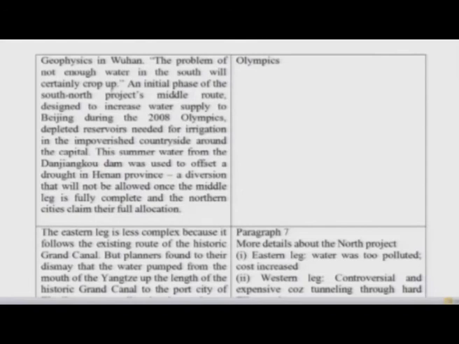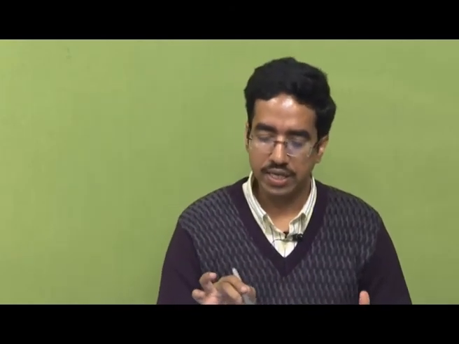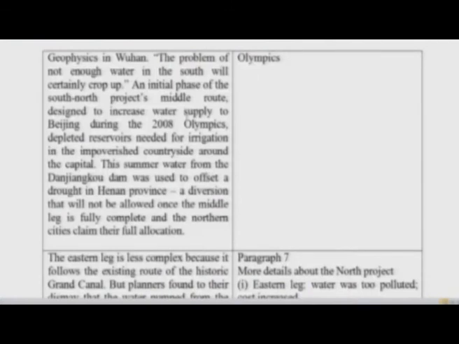So, recall the first paragraph talks about inauguration of a small canal quietly to help rivers in the south. Why was this necessary? It is because they had to accommodate some local concern. The details are given. It is about a city, an industrial base. So, then the next question is, so will such measures help solve the problem? The writer is very clear, such problems will persist and attempts such as these are not going to be enough.